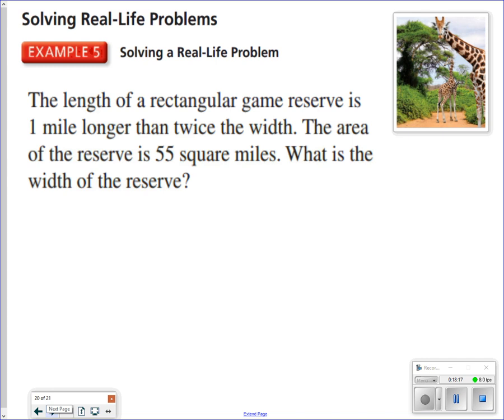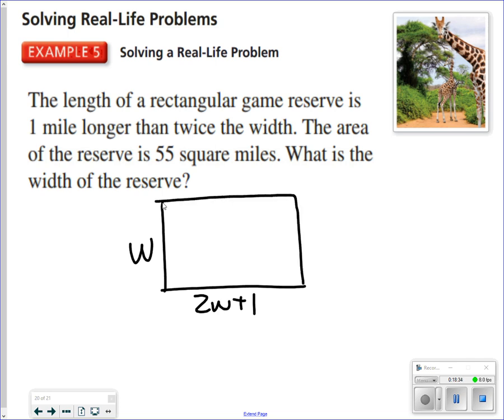Real world question. The length of a rectangular reserve is 1 mile longer than twice the width. So here's the width. It's 1 mile longer than twice that. The area of the reserve is 55 square miles. So if I have W times 2W plus 1, it equals 55.